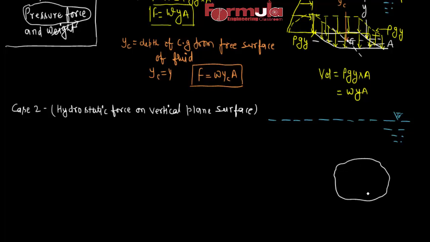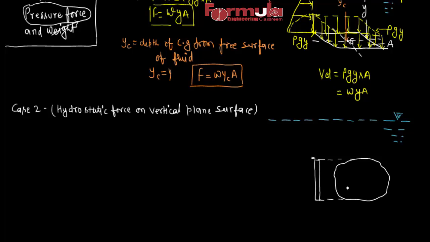This is the front view of it. In the side view, it has some thickness, and it looks like this. So this is some arbitrary vertical plane surface, with the front view and the side view.